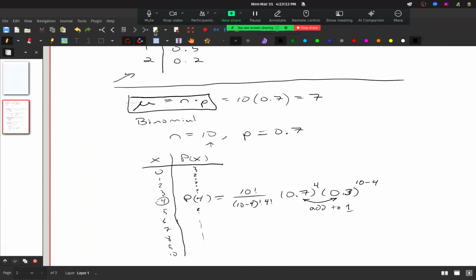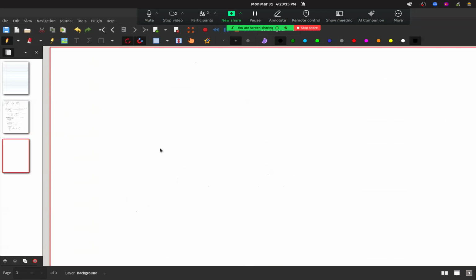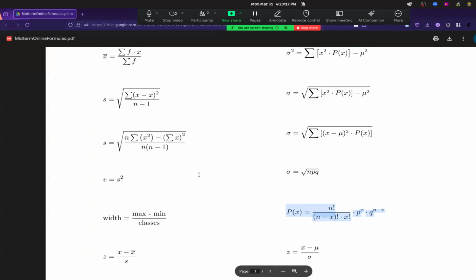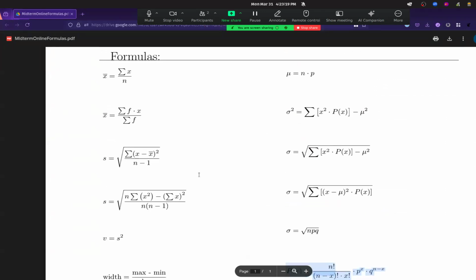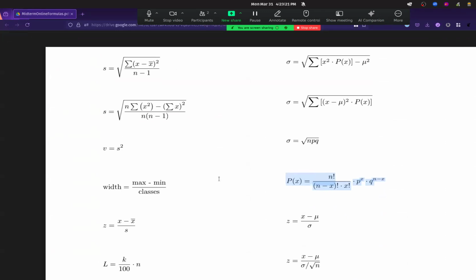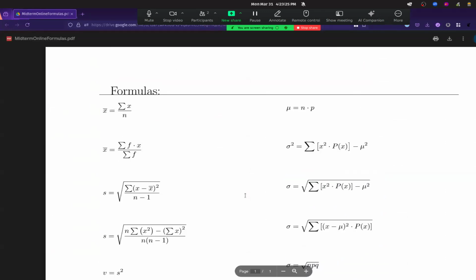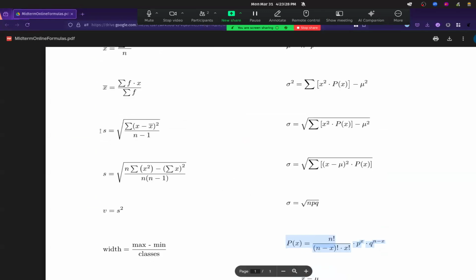All right. Then let me jump back to the formula sheet and let's get into the standard deviation. There are several different standard deviation formulas. These two are equivalent, so I tend to just pick one of them.